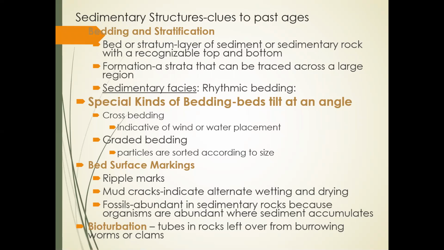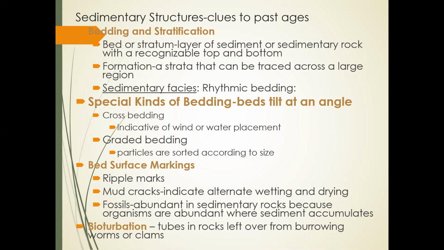A formation is a strata that can be traced over a very large region. Some formations can go for hundreds of miles. So if you think about what this means, it means that that was a very large depositional environment.